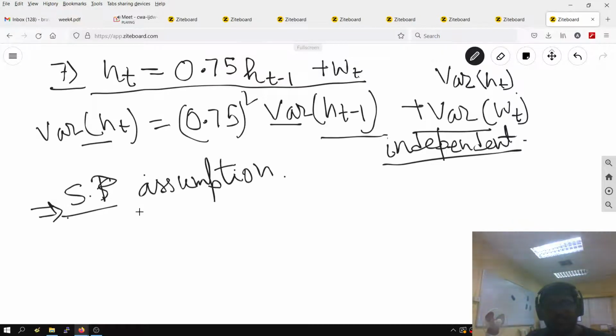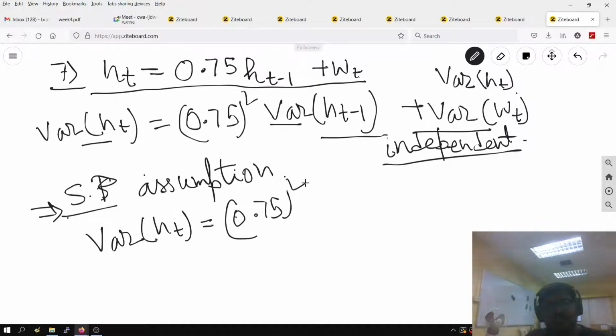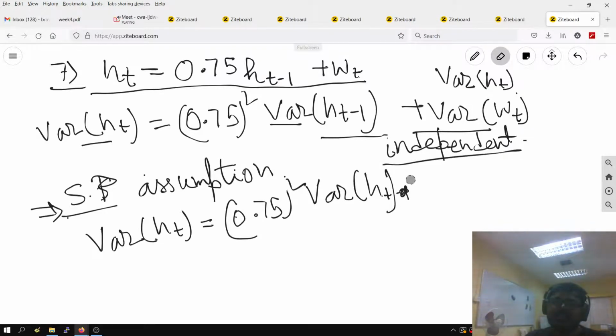With the stationary process assumption, variance of h of t equals 0.75 square times variance of h t minus 1, which is also variance of h t because for a stationary process the variance does not change, plus variance of w t.